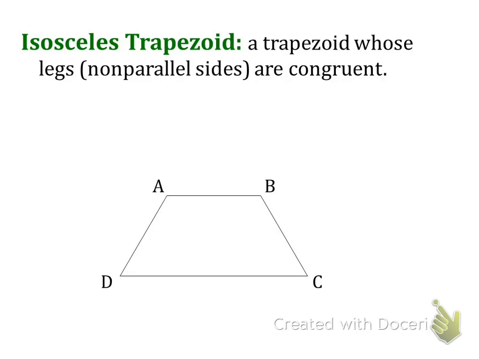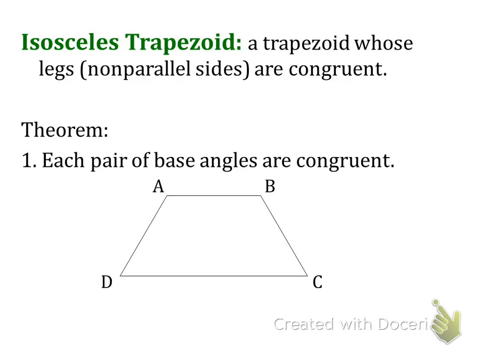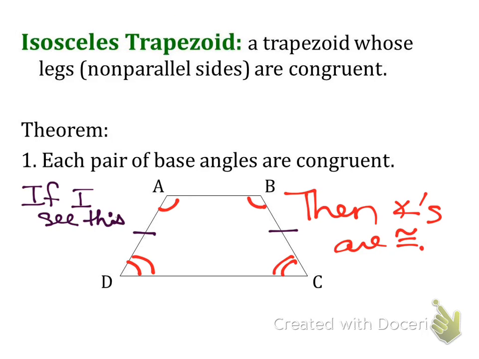An isosceles trapezoid is a trapezoid whose legs are actually congruent. And whenever you have these non-parallel sides being congruent, some special things pop up. So if we see tick marks within the picture on the legs, we're going to now assume that certain angles are going to be congruent.